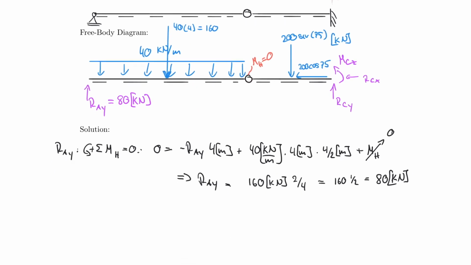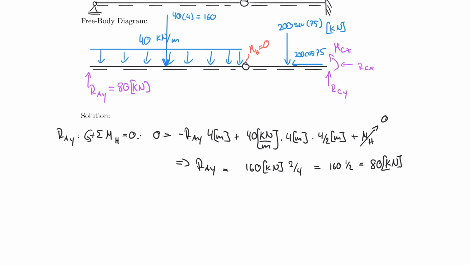So let's say that we want to find RCY, and I do that by the sum of the forces in the y direction being equal to 0, upwards positive. 0 is equal to plus RCY minus 40 times 4, with no lever arm, because we are not multiplying this by a lever arm.